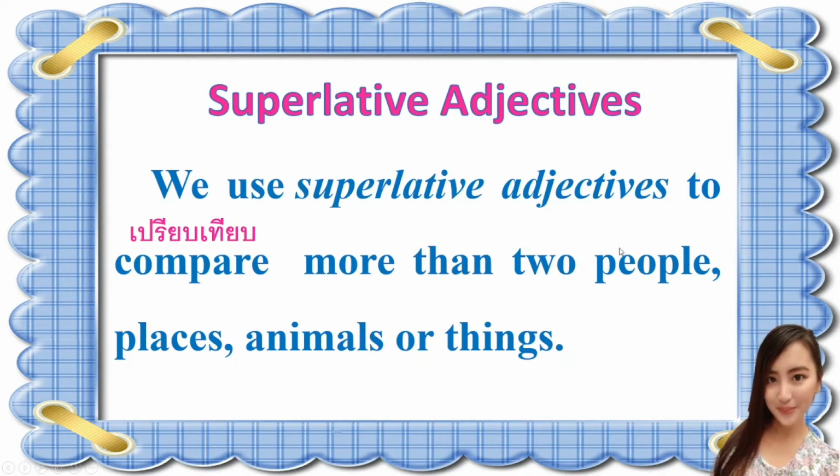So we use comparative adjectives to compare hippo and giraffe, two animals. But for superlative adjectives, we use this to compare more than two people, places, animals, or things.